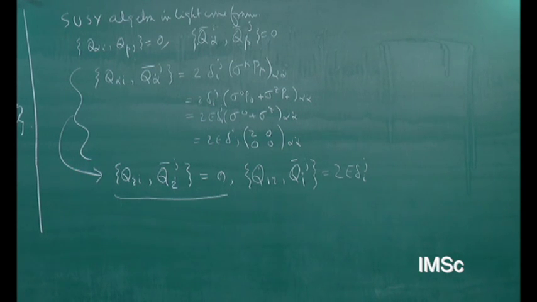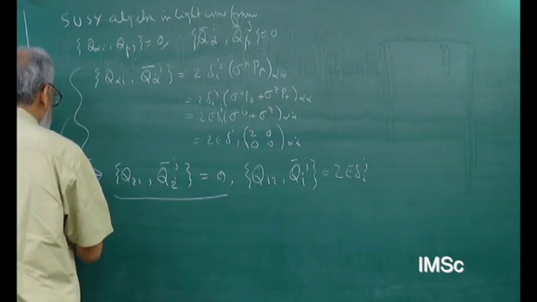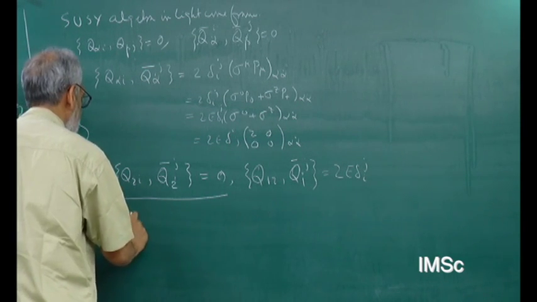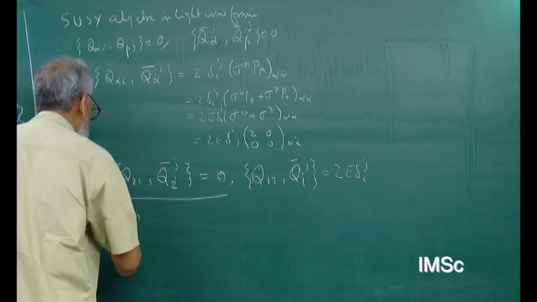That means the algebra is trivial. There's nothing in that. So you can take all Q2's to be 0. So this leaves only the algebras of Q1s.